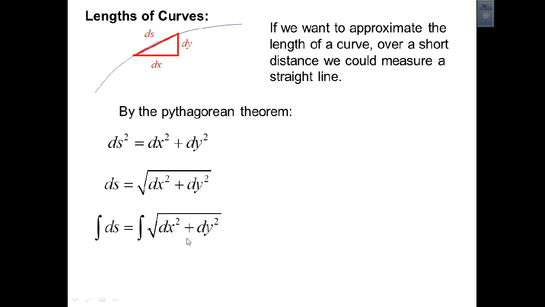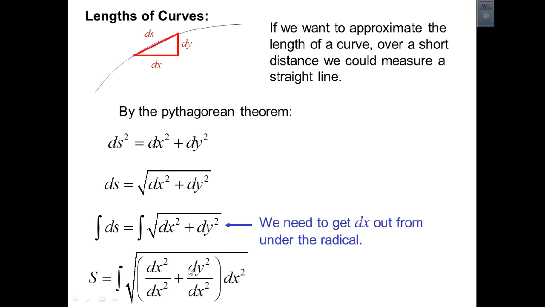We're going to do some math here, and we're going to multiply by dx over dx, because we need to get the dx out from under the radical. So if we multiply by dx squared over dx squared, we can take the bottom dx squared and distribute it through with what we've got here.